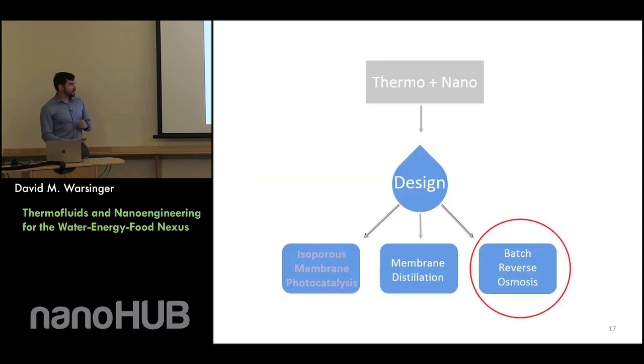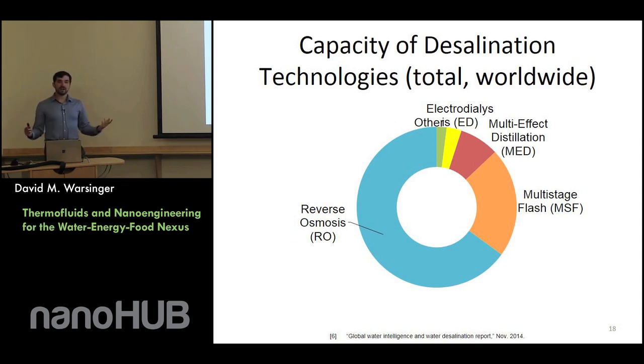So next, I'm going to be talking about another technology. This is batch reverse osmosis, which is an enhancement on regular reverse osmosis. If we look at the desalination capacity map, reverse osmosis is the majority of processes. The thermal processes shown in orange and red are also important, but not as large in terms of total capacity.